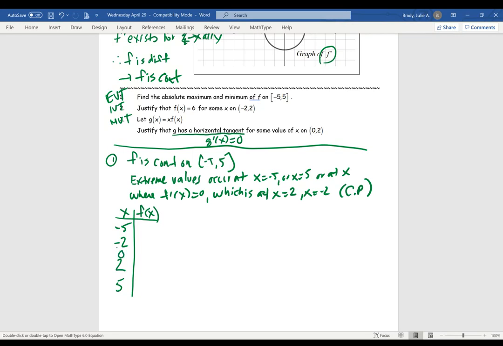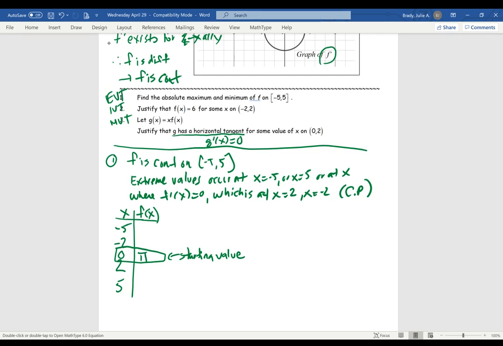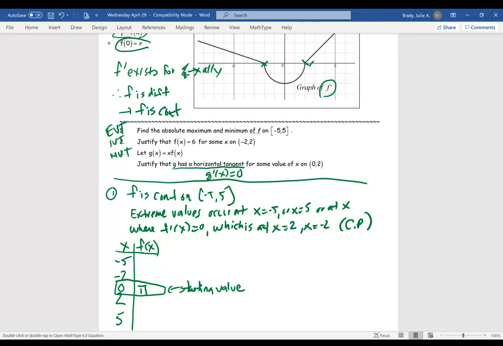And we actually have to put 0 in there, because this is our starting value. Okay, and so we know that that's pi. And since we have a graph of the derivative, we know we're going to use area.